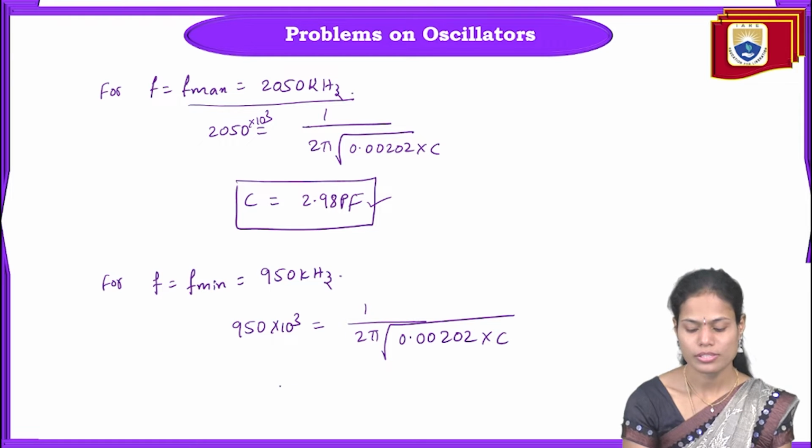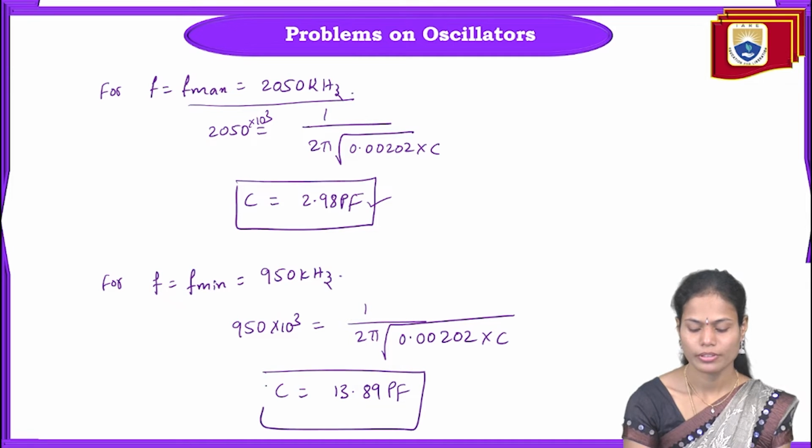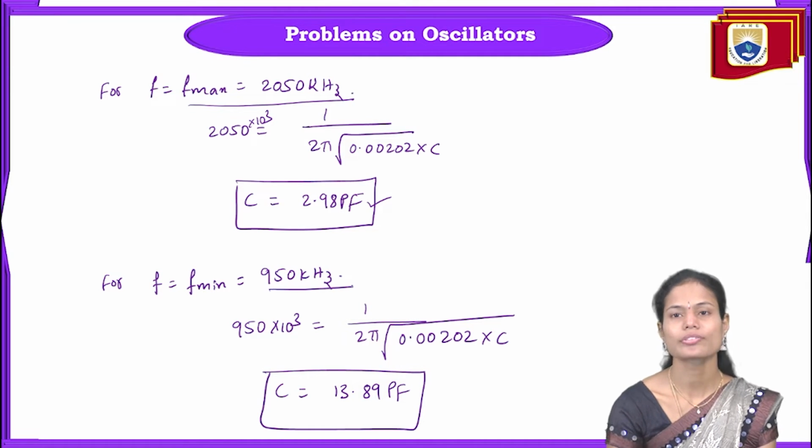If we solve this, we will get 13.89 picofarads. So at this 950 kilohertz, the required capacitance is 13.89 picofarads.